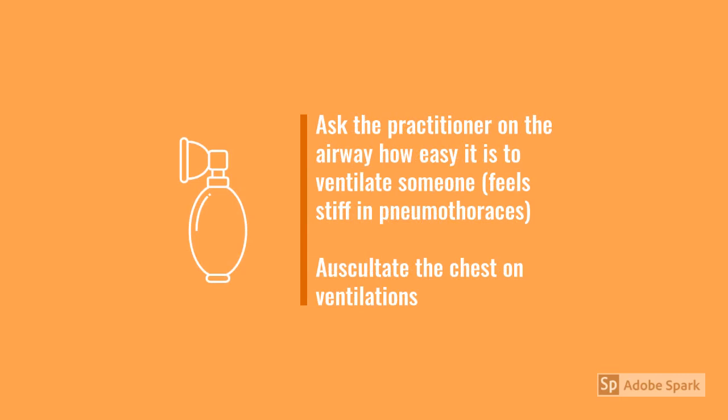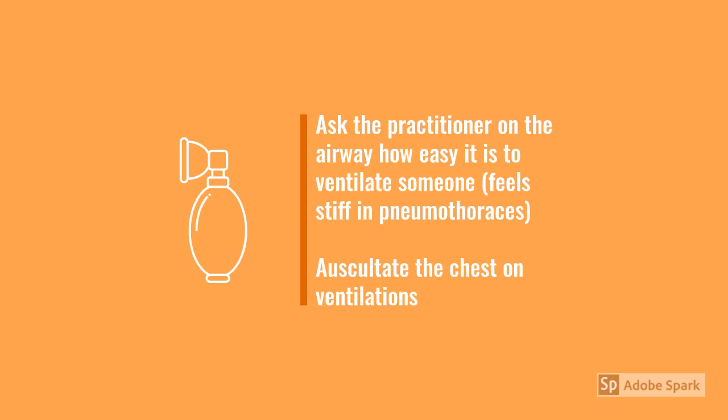The way in which we would assess for this is we would be asking the practitioner on the airway how it's feeling, how the ventilation is feeling. Often it can start to feel quite stiff, quite difficult to ventilate. We can just auscultate the chest and look at chest rise and fall.